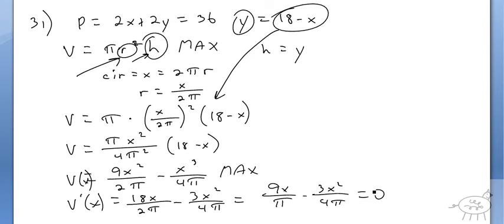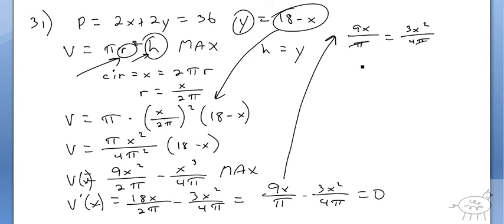So I move things over. Let's do our work up here now. I get 9x over pi is equal to 3x squared over 4 pi. Actually the pi's cancel out here.